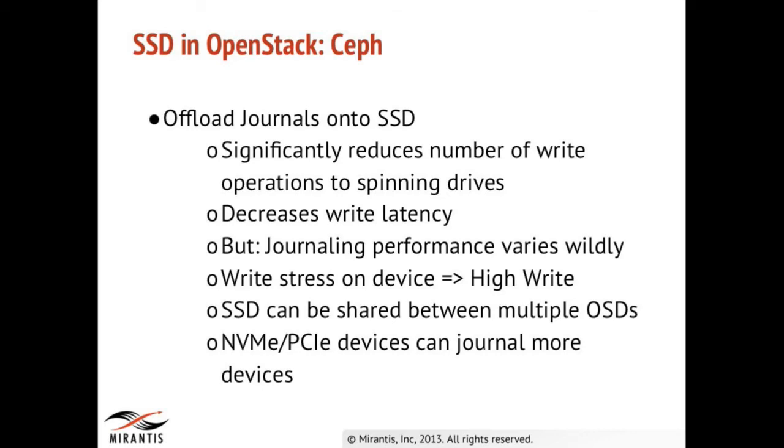So you have not only your write access, but in addition to the write access, you have to have the journal write access and then the journal delete access when the journal is finished with. So you have multiple steps instead of one step. And so having an SSD instead as a journaling device helps.